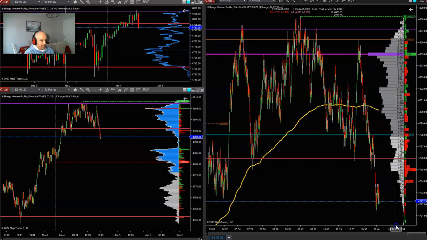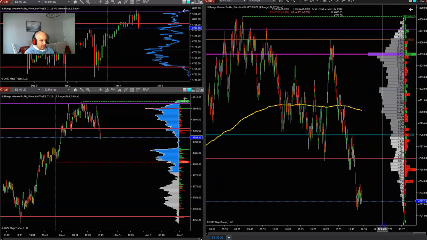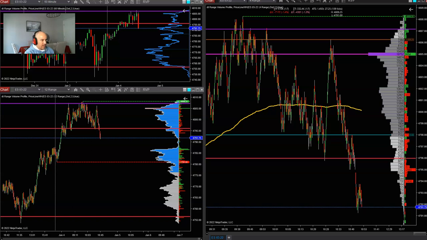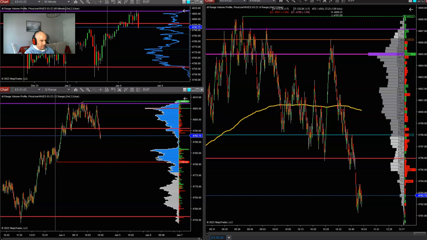Let me see something here. We're in a low volume area now. Price can push on through here, but we can also pull back, as I mentioned to you guys.